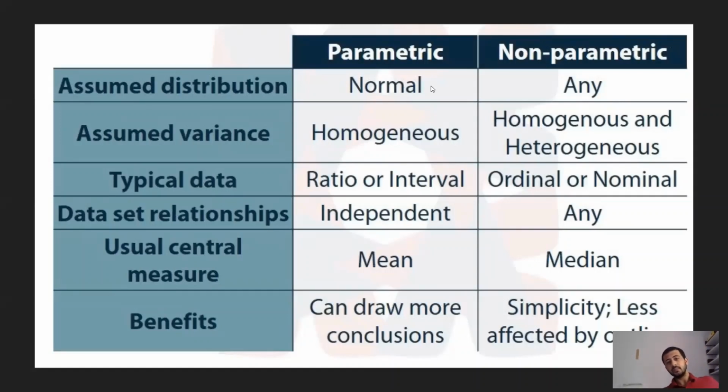The variance: usually, we need a homogeneous variance for parametric tests, but that is not a prerequisite for non-parametric tests, okay? They can be homogeneous, but that is not required. Typical data: ratio or interval for parametric, and here we have normal or ordinal or nominal.